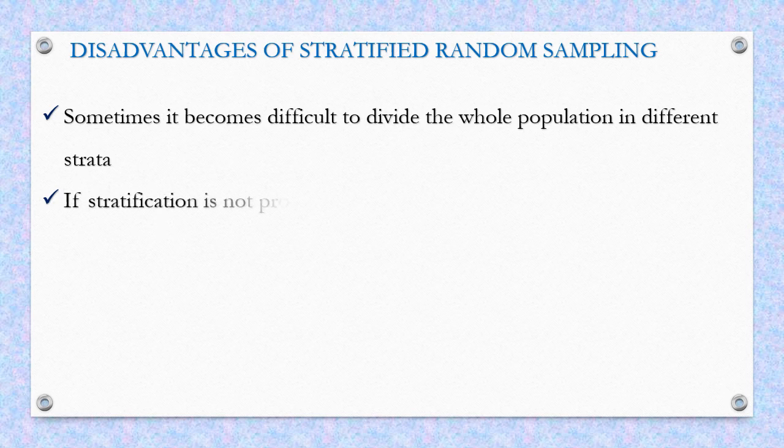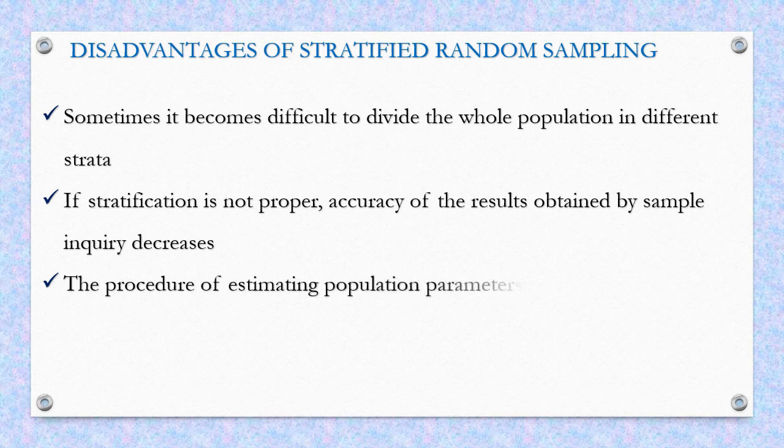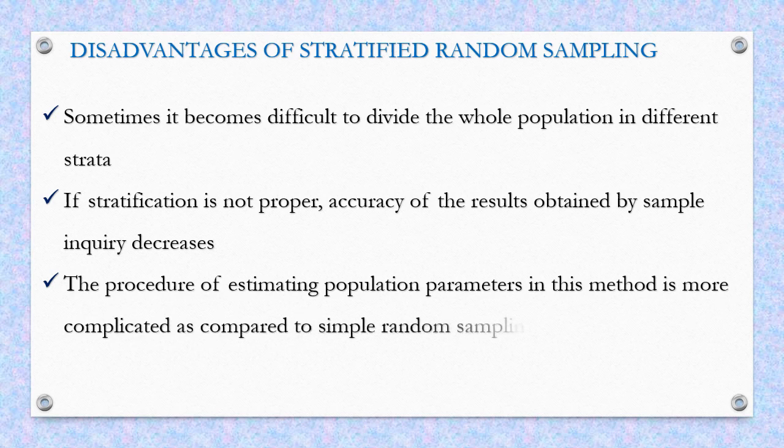If stratification is not proper, that means if our division of population in stratas is not properly done, the accuracy of the results obtained by sample inquiry decreases. The procedure of estimating population parameters in this method is more complicated as compared to simple random sampling.